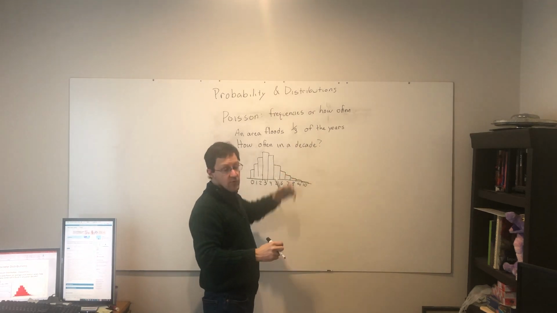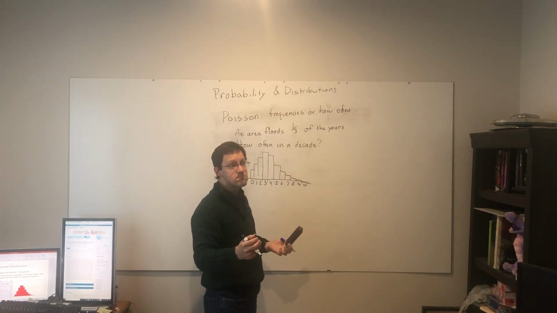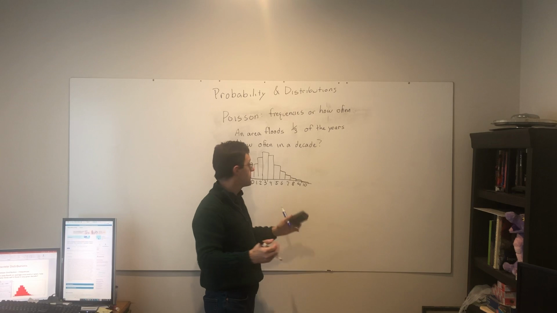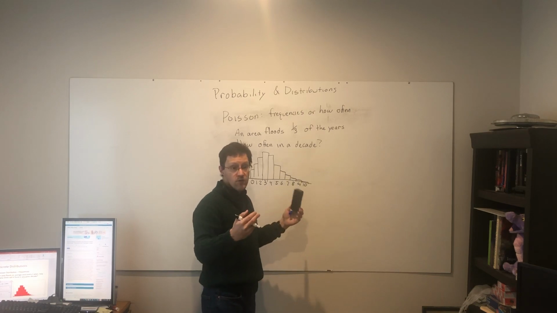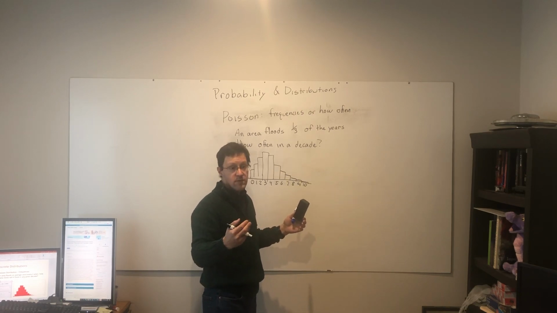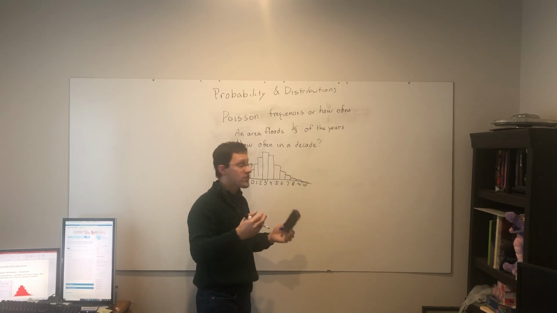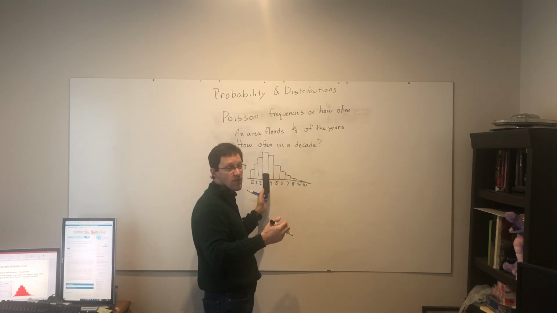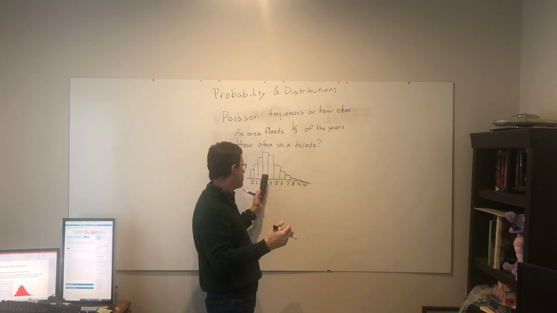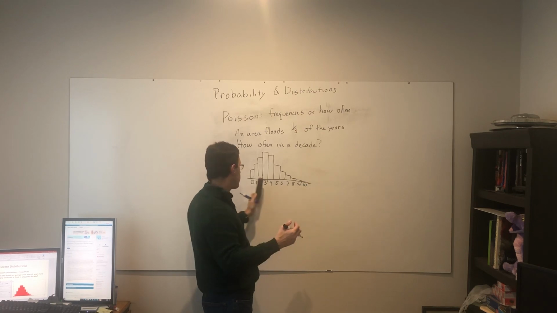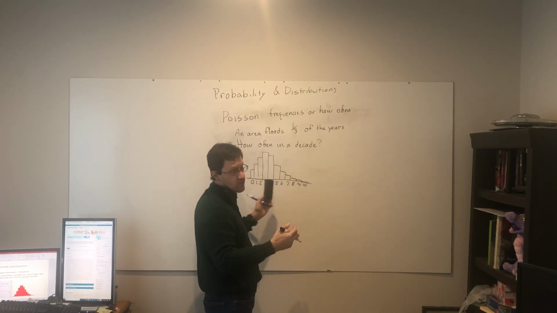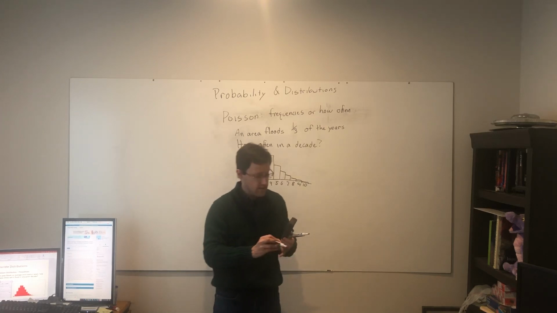The way I've set this up, the most likely value would be 3 times in a decade. But the other values are still possible, but now, unlike that binomial distribution, which was symmetric, even on both sides, this looks a bit more like a skewed version of the binomial distribution, where there's a longer tail above versus below, in part because we can't go fewer than 0 times in a decade.